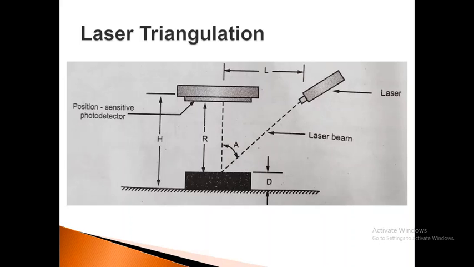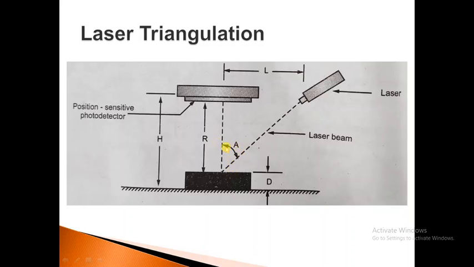The laser beam is focused on the part or the object to form a light spot on the surface. The position of this sensitive optical detector is used to determine the location of the spot of the laser on the part.